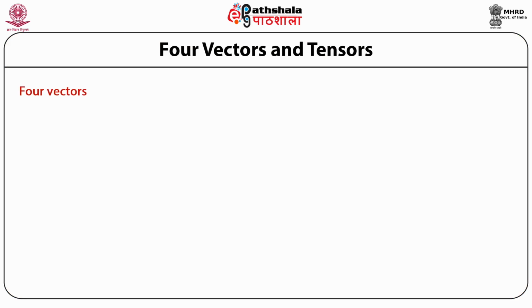Four vectors and tensors. Up till now, we have discussed three different types of four vectors. First was the coordinate four vector or the position four vector. Next was the velocity four vector, and then we discussed the energy-momentum four vector.